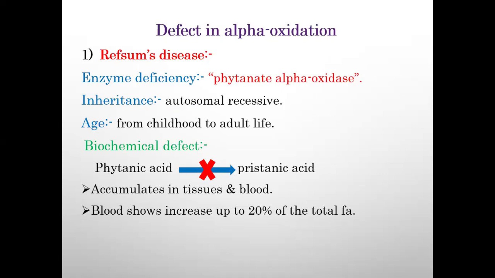Now, defects in alpha oxidation: we have Refsum's disease, and the enzyme deficiency is phytanate alpha oxidase, and inheritance is autosomal recessive. There is autosomal recessive and autosomal dominant.